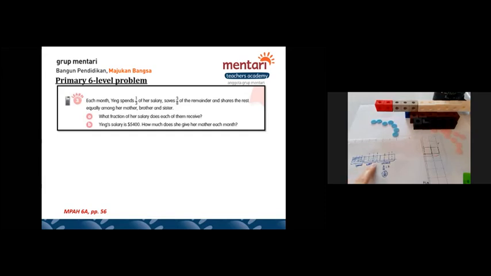And then she saves 3/8 of the remainder and shares the rest equally among her mother, brother, and sister. So in this case, the amount that she shared will be the 5 remaining parts. But now, because I have divided already this remaining 2 parts into 8, in total, I have 12 parts altogether. So what fraction of her salary does each of them receive? I think what's a little tricky here is she's got 5/12, but then it's divided equally among 3 people. So it just has to be divided again into 3 equal parts.